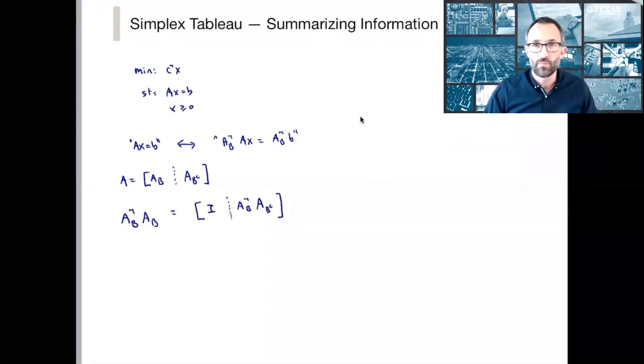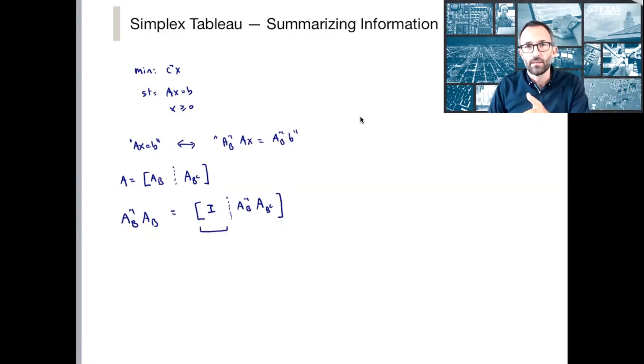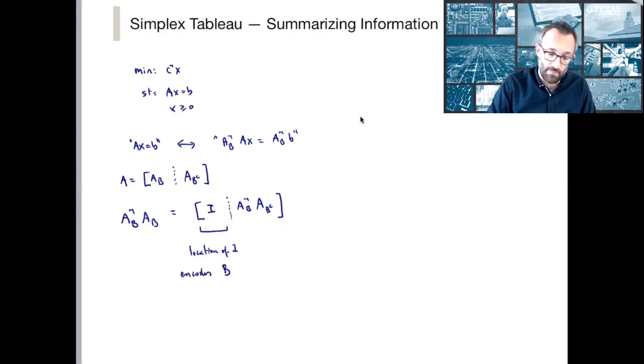So before we even proceed, one immediate thing that we have here is that wherever that identity is sitting, that's telling us what the elements of B are. So this encodes the location of I, encodes B, what the subset B is.